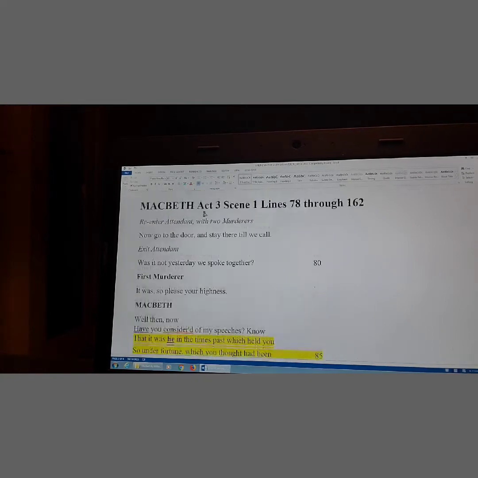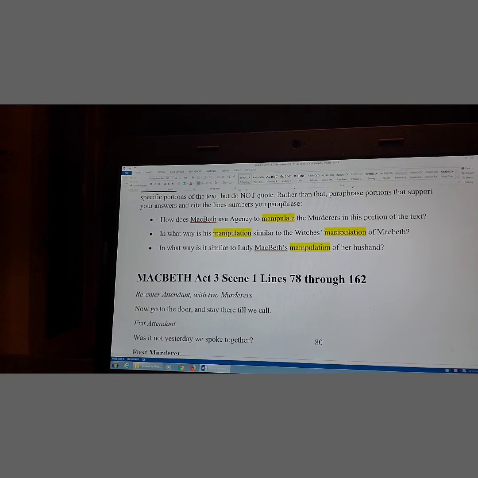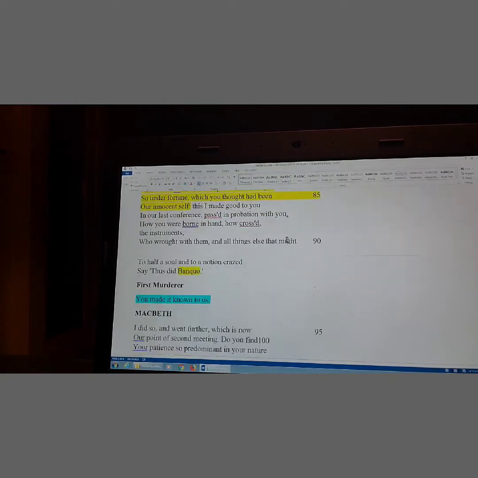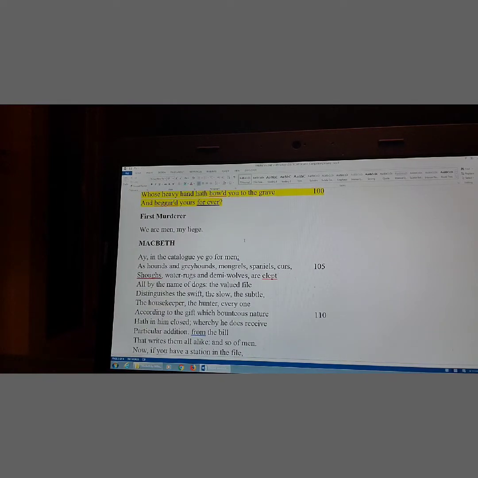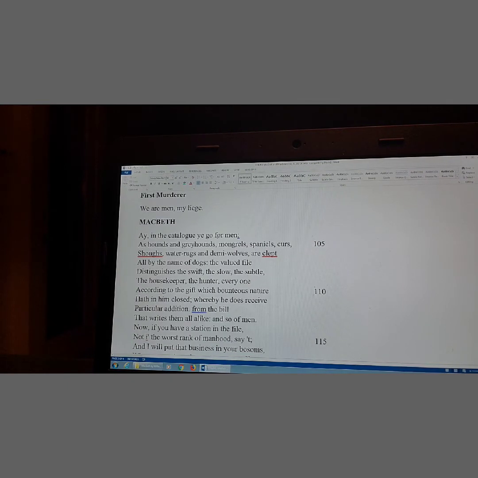Then he actually, which kind of goes back to one of these points as well, right? It says, we are men, my liege. And then he says, "Ay, in the catalogue ye go for men." In other words, yeah, you're men.